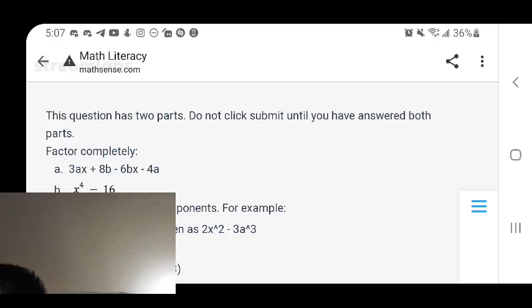Can factor out a and b also if that's what I'm saying.